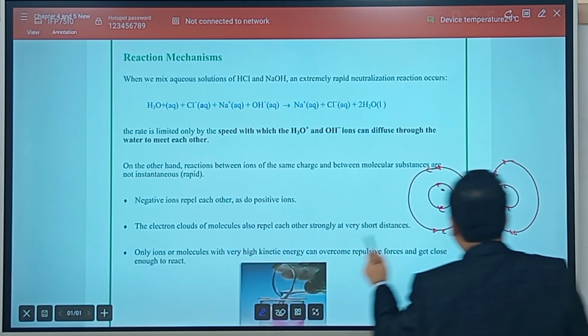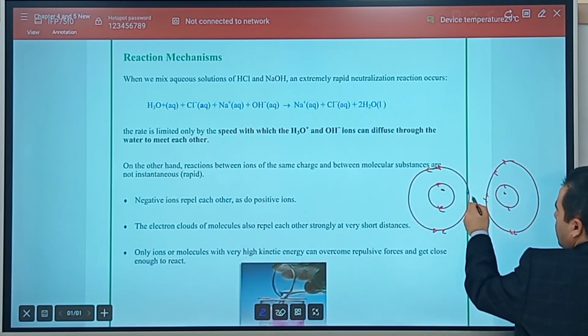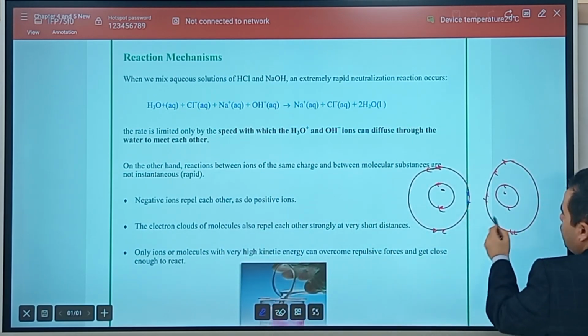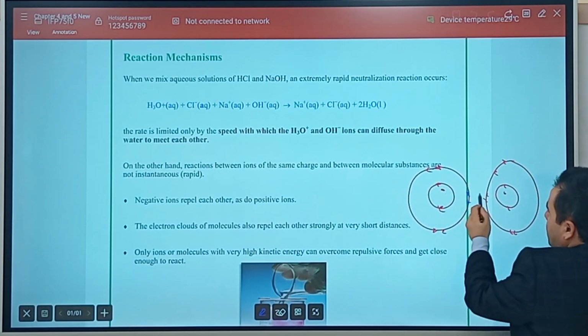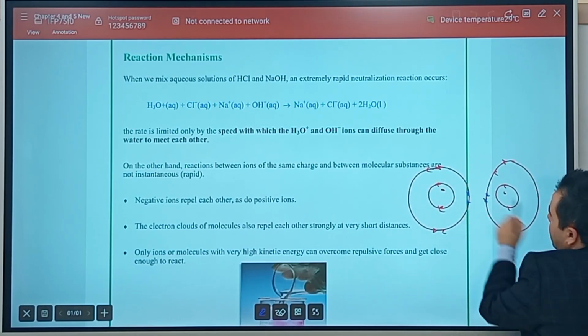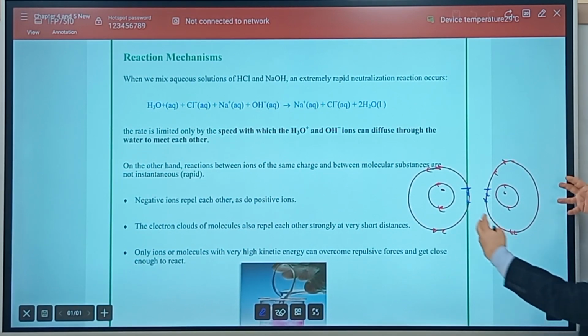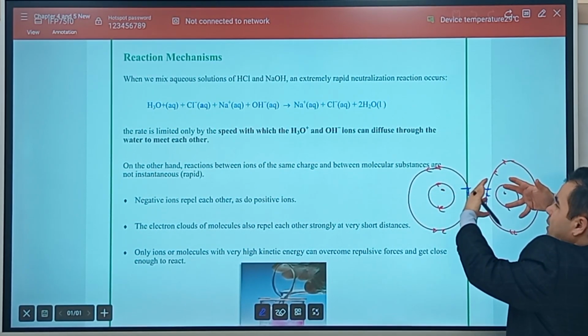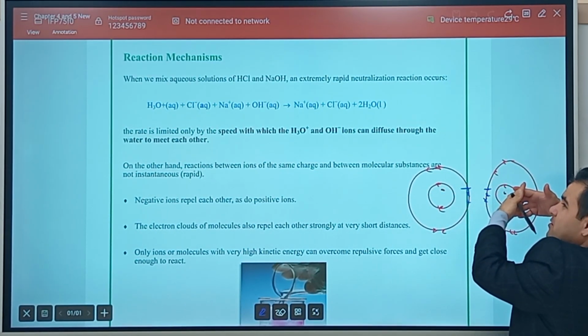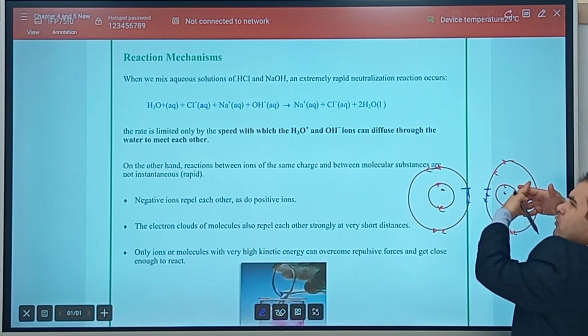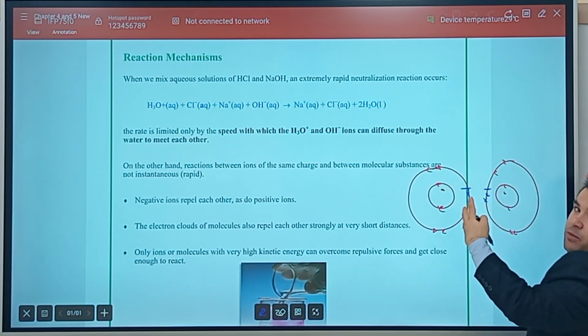When these two clouds approach each other, what do the clouds carry? Electrons. The sign of an electron is negative, and when they approach each other at a very short distance, the electron clouds repel each other. They will not be able to react and combine.